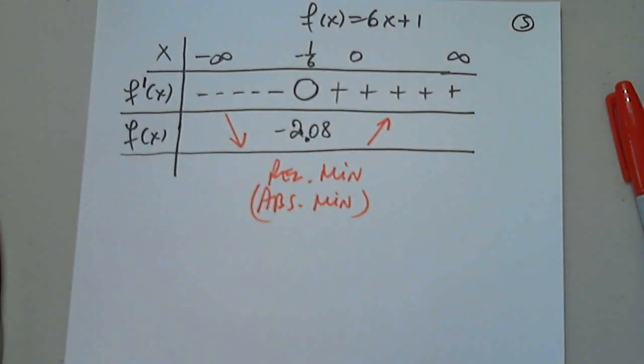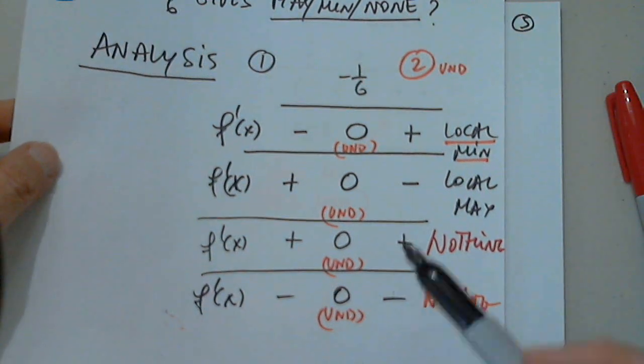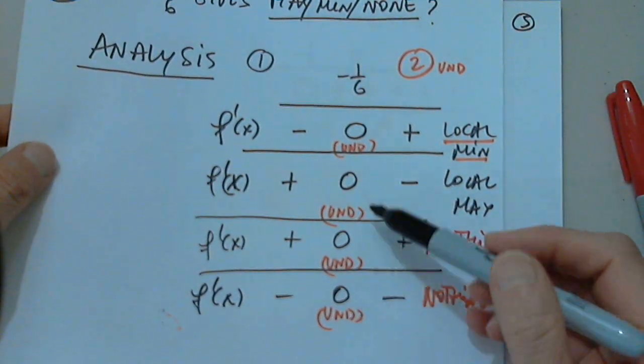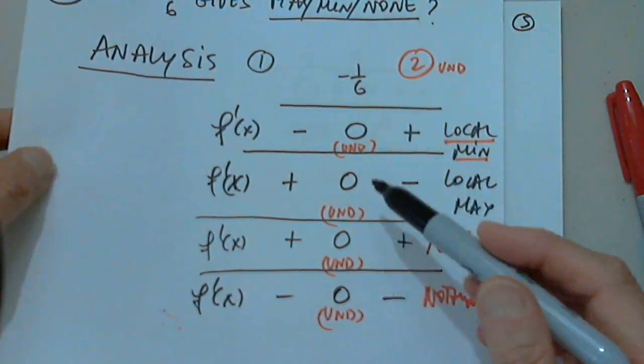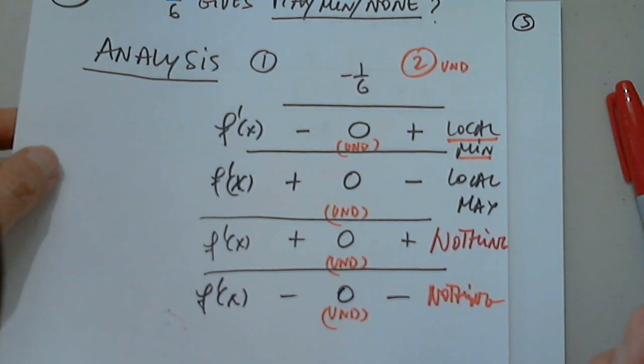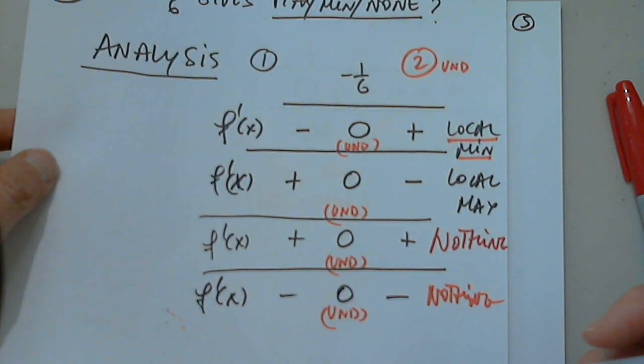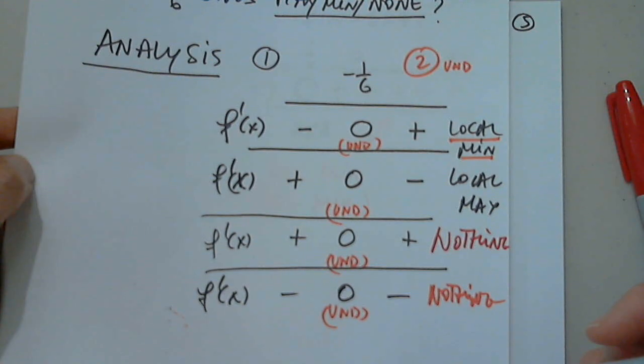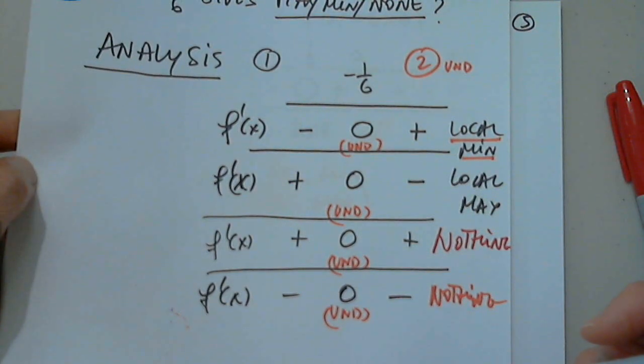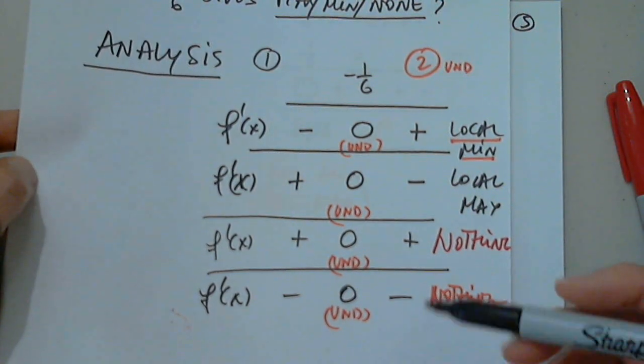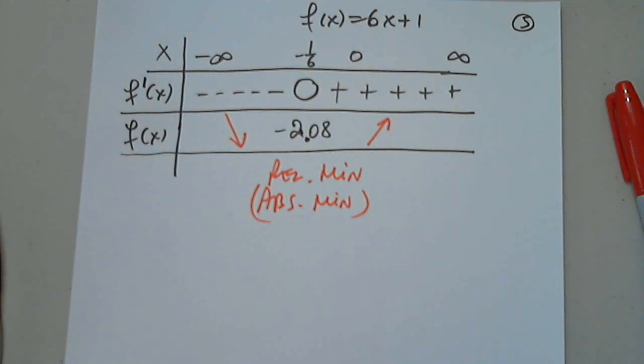Just for the undefined derivatives, they can still be a local max or min. Yes. So the three undefined derivative cases are not continuous, vertical tangent, and cusp. Correct. Yes, I see. Thank you. Perfect. A review of that, but very good.